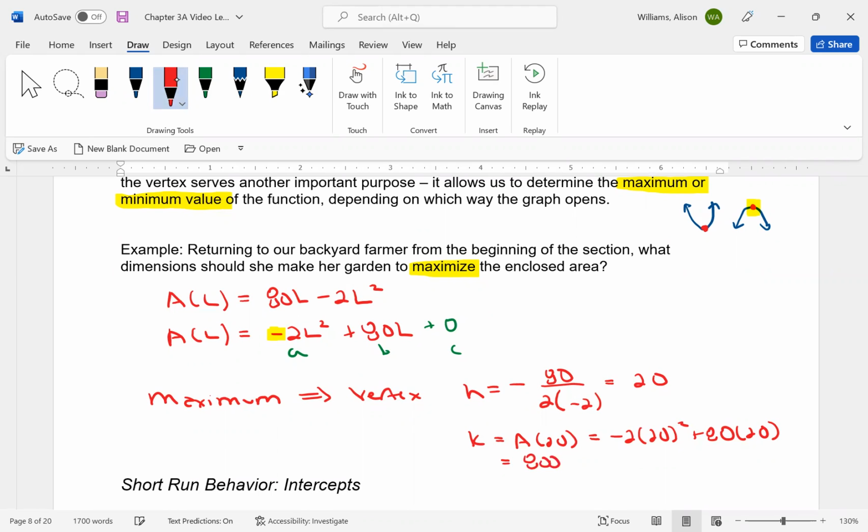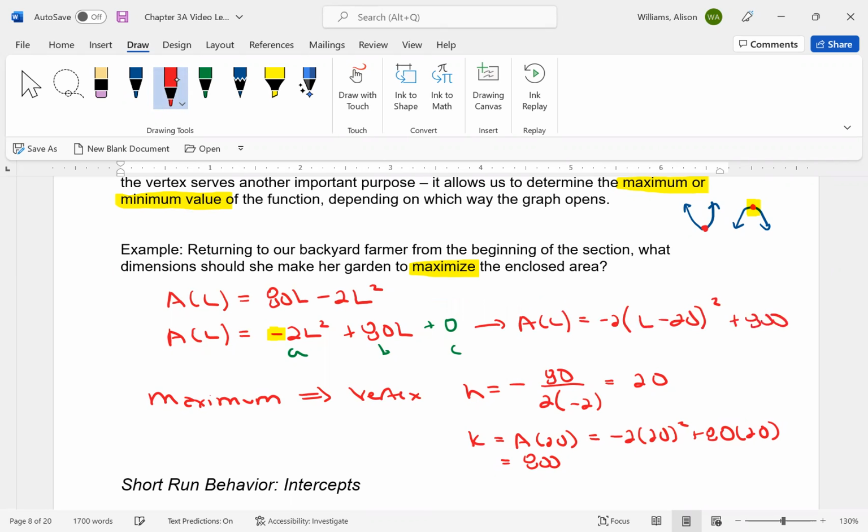All right, so there's our h and k. So in vertex form, really quick, let me go off of this version where the a is first. This is going to be -2 times L minus 20 squared plus 800.